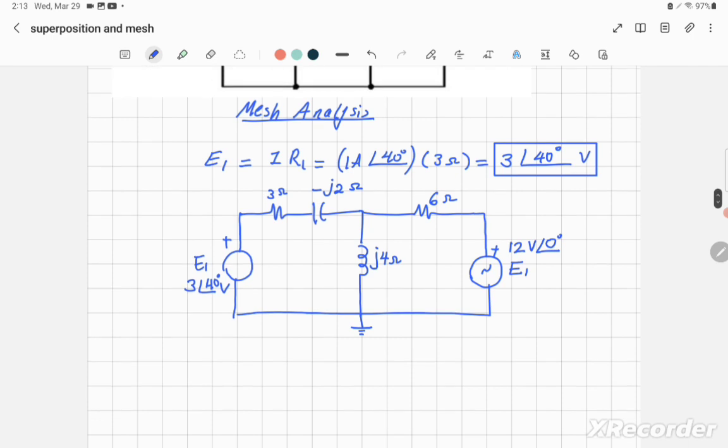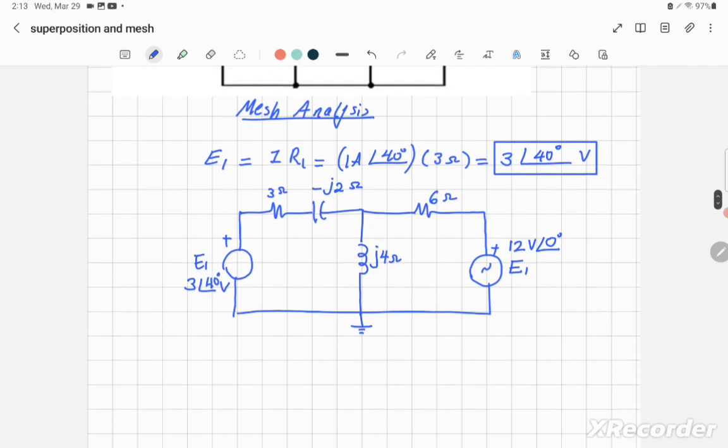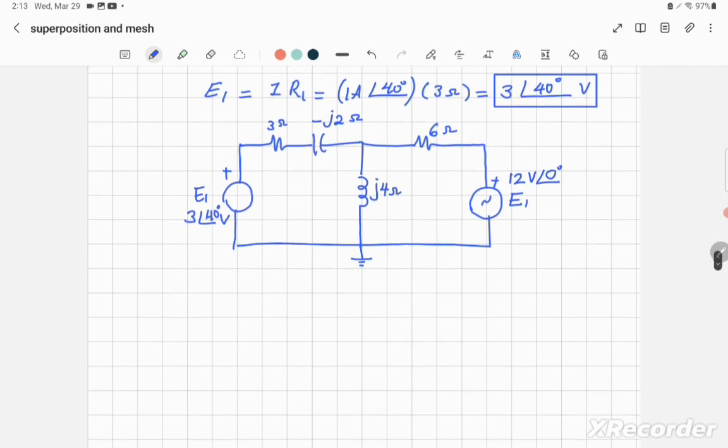Okay, so now I have two loops. I can use impedance notation to make it easier. So that's the impedance to the left. You have 3 ohm and negative j2, so that's Z1, which is equal to 3 minus j2 ohm. And on the right hand side I have another impedance.